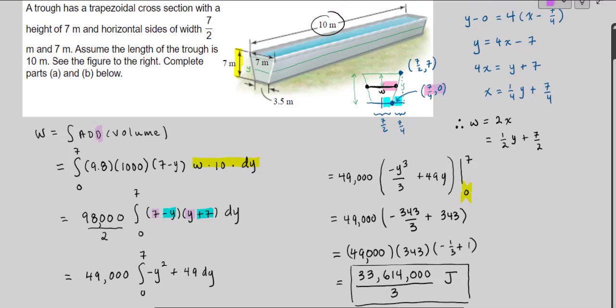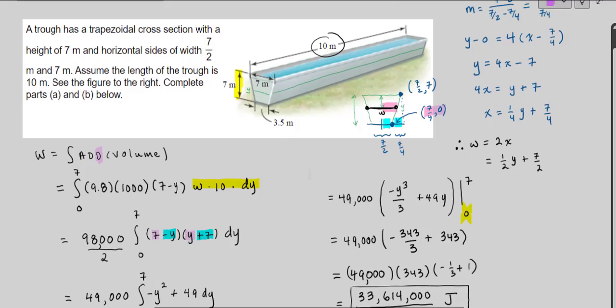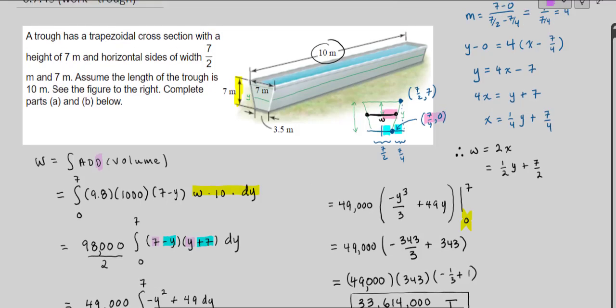Let me say one thing about this. Sometimes you will find these vessels and they'll ask you to empty it out a pipe that goes above the object or something. So maybe we have a drain pipe over here and we're going to pump it out from a drain pipe that's a little bit taller.